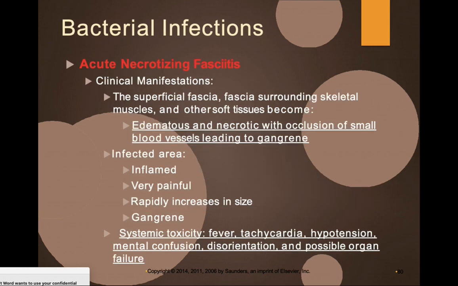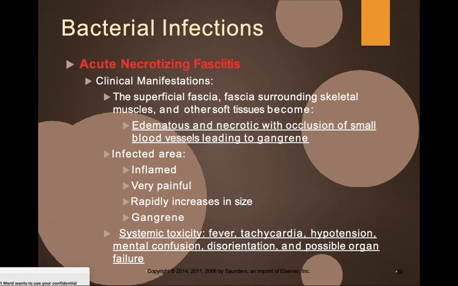So the superficial fascia, the fascia surrounding skeletal muscle and all the other soft tissues, become edematous, very puffy and swollen, and then necrotic with occlusion of these small blood vessels, and eventually it can lead to gangrene. The area becomes inflamed, it's very painful, it enlarges due to all the swelling, and then eventually leads to gangrene.